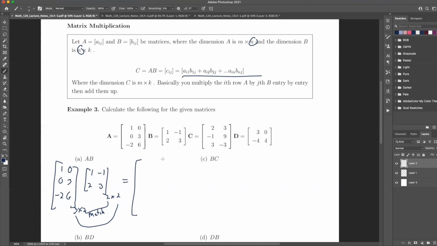All right. Notice here, let's do B times C. Before we even do the multiplication, I'm going to show you that this one doesn't work. This is B times C, with C being negative 1, 9, 3, minus 3.